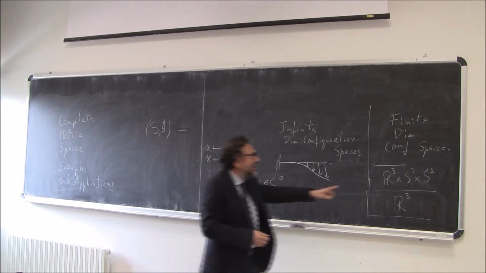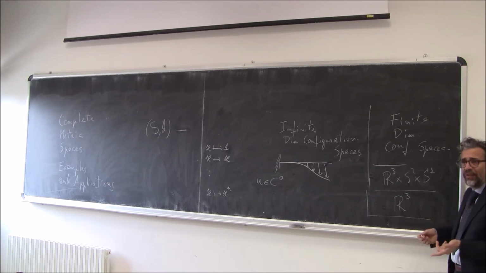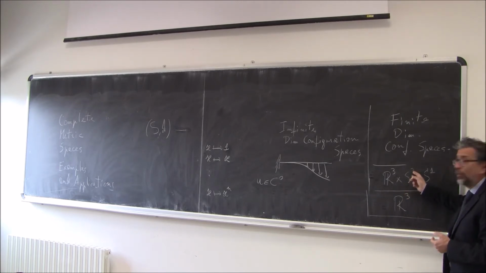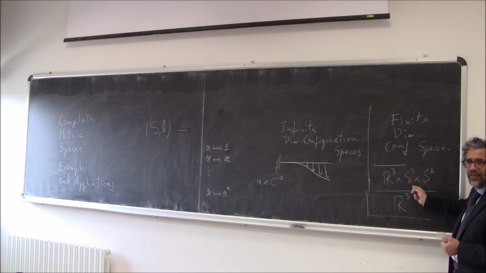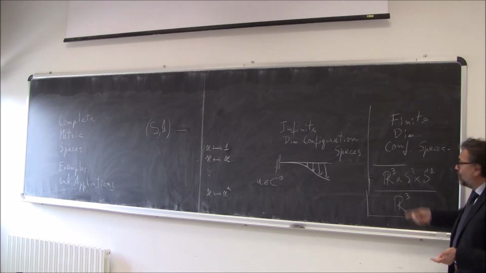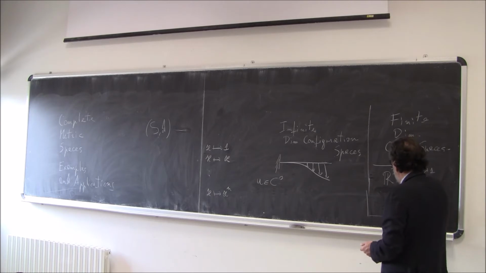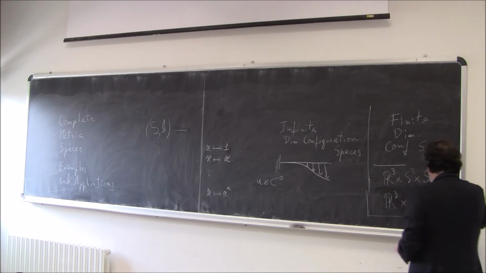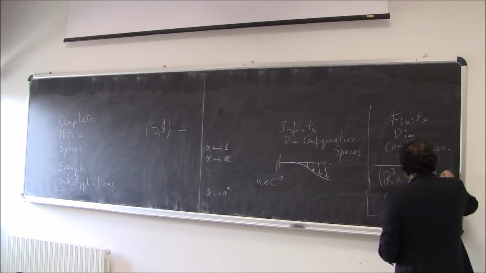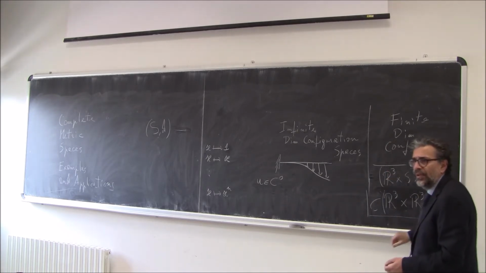Of course you can tell that S2 is not a vector space and S1 is not a vector space, but I told you that S2 is embedded in R3 and S1 is embedded in R2. So you have a vector space R3 Cartesian R2, and our space of configurations is included in this finite dimensional vector space.